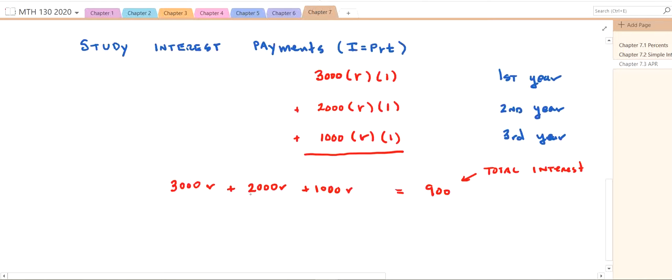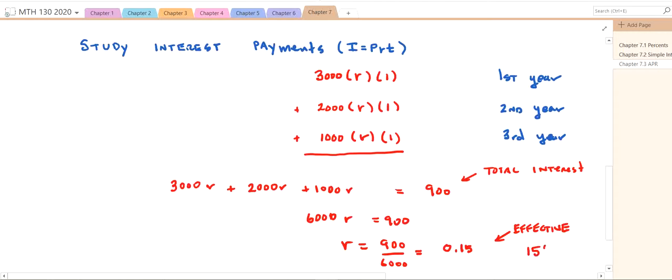So this is 3,000 plus 2,000 plus 1,000 R is 6,000 R. So R equals 900 over 6,000 equals 0.15. So really, your effective interest rate more accurately represented is 15% instead of 10%.